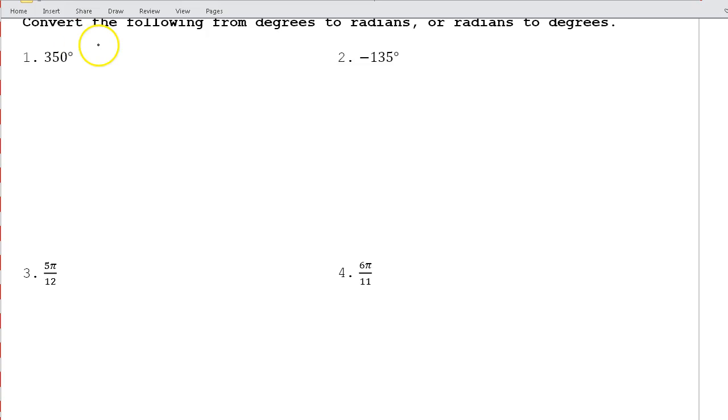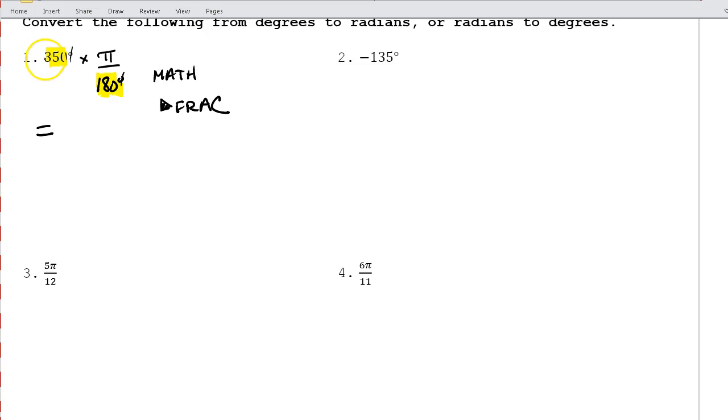So for the first one, we have 350 degrees, so I'm going to multiply by pi divided by 180 degrees. So again, notice my degrees are going to cancel here. When you plug this into your calculator, you just want to plug in 350 divided by 180, and then we're going to use the math frac, so that we'll get our answer as an exact answer in terms of pi.